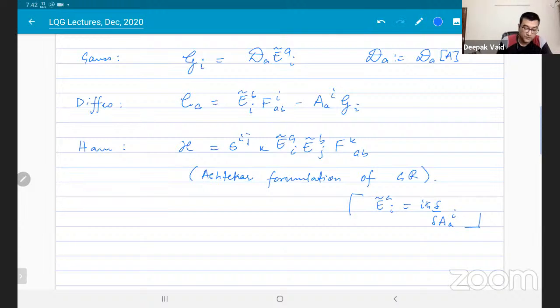So then your Hamiltonian constraint becomes an operator which looks like this: F^k_ab epsilon_ijk, then minus h bar squared, then delta by delta A^i_a, delta by delta A^j_b.